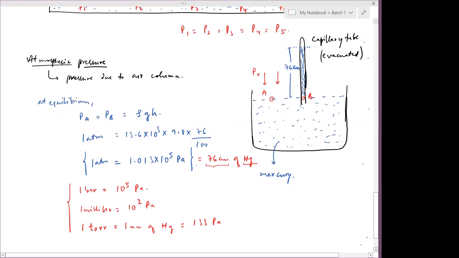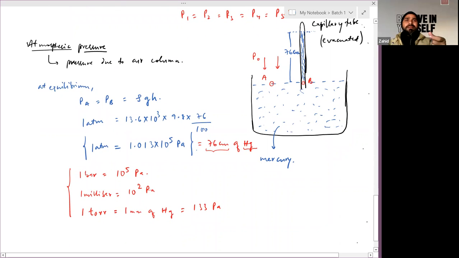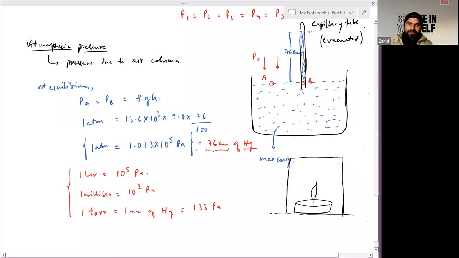The candle should be on the water. Place your candle, let's say of cylindrical shape like this, just like a Diwali candle, on the surface of the water and cover it with a glass so that there is no escaping of air. This candle will burn as long as there is oxygen inside.